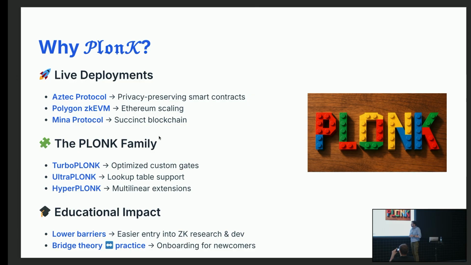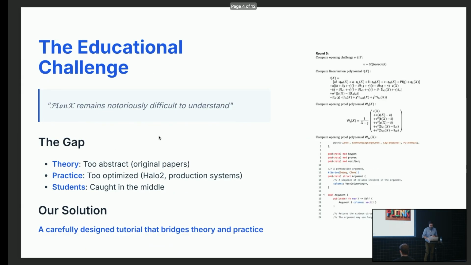However, it's a bit hard to understand what is going on. There are a lot of tutorials and a lot of good material out there, but we thought there was something missing. Essentially, if you try to read the paper, it is very dense. It's very math heavy. And even if you're into crypto, and even if you have read papers, there's a lot going on, right?